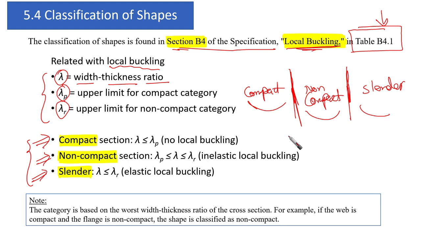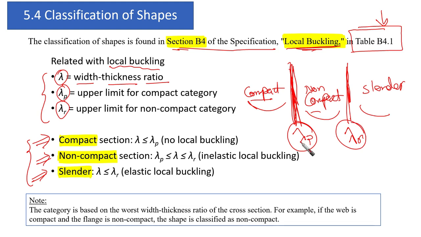The first limit is going to be lambda p, which is related to the plastic, for example, and differentiates between compact and non-compact. Between non-compact and slender, we put lambda r.